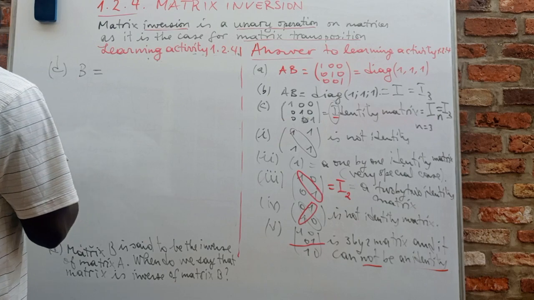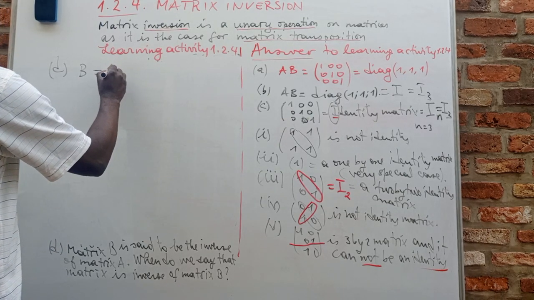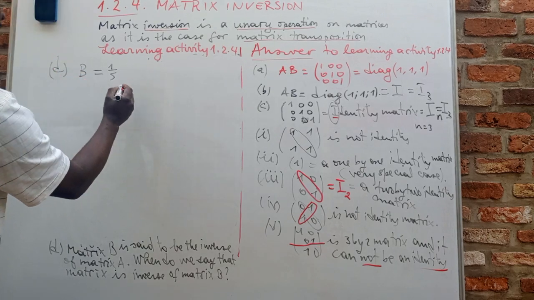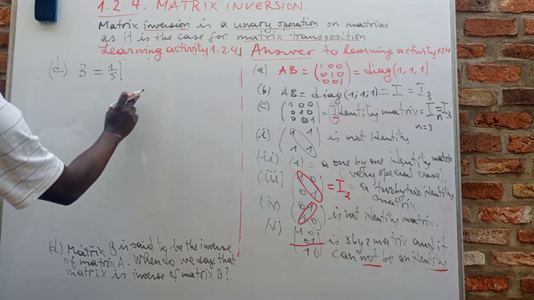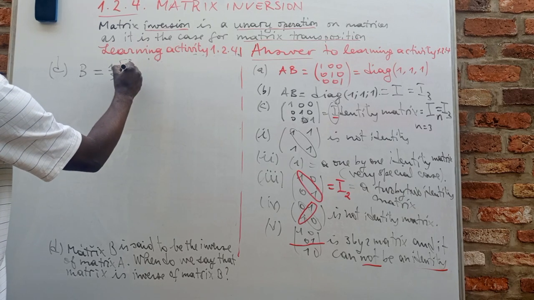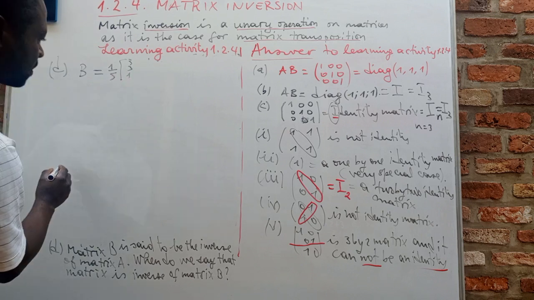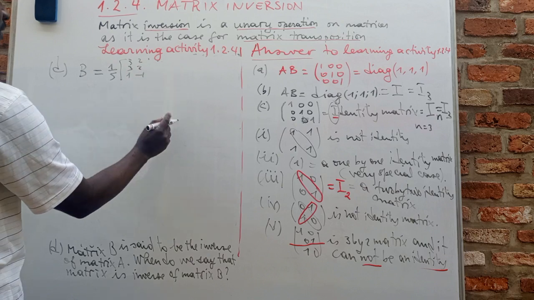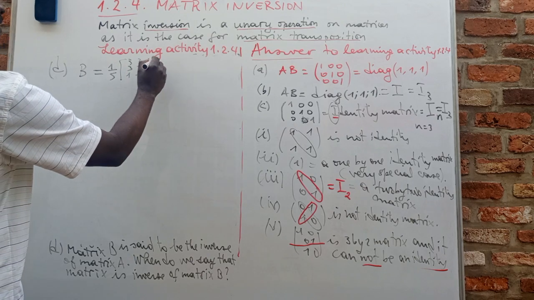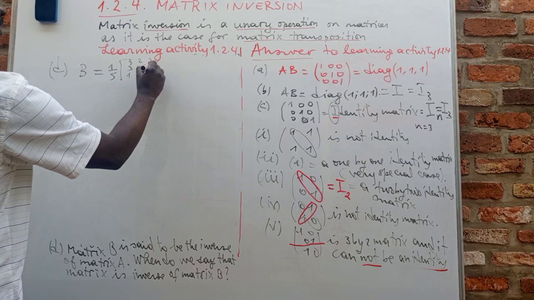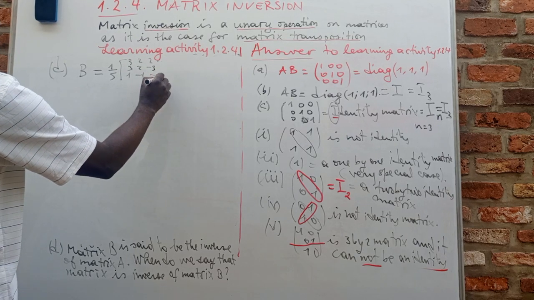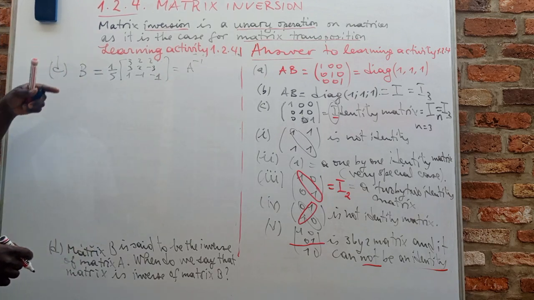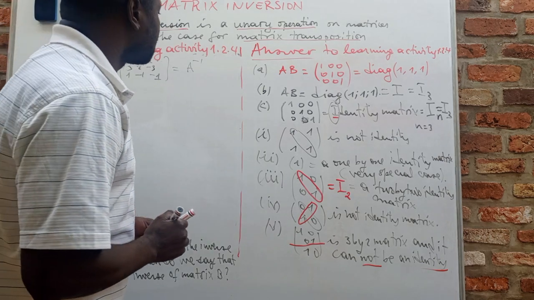It was 1/5, 3, 3, 1, and 2, 2, -1, and 2, -3, -1, 2, -3, -1. So it is the inverse of the given matrix, the one we had before.